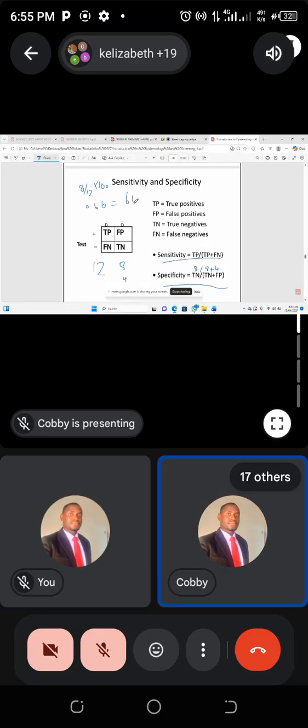That means out of people who do not have the disease, this test is going to correctly identify 66% of them as true negatives. So that is how we find the specificity. Any question on this one?